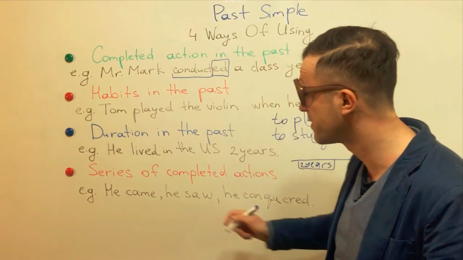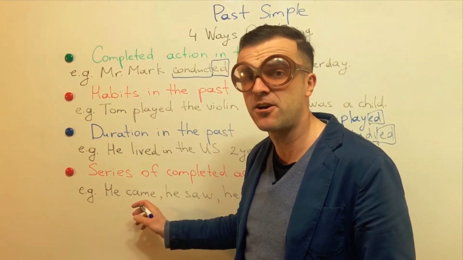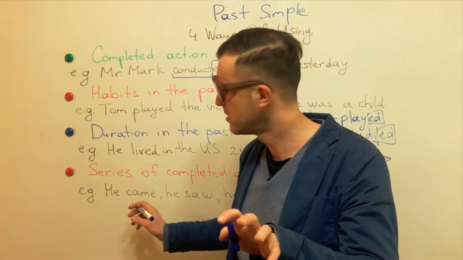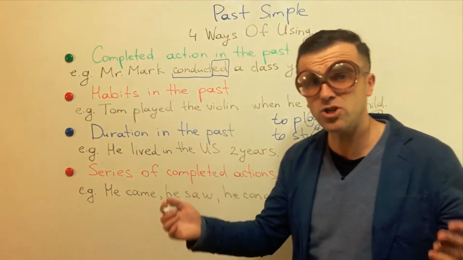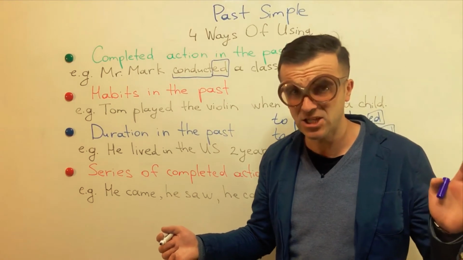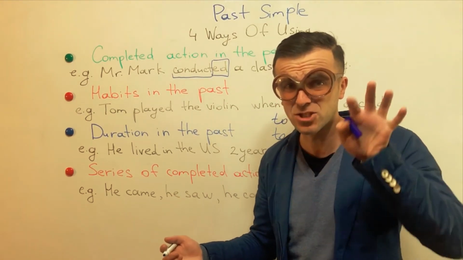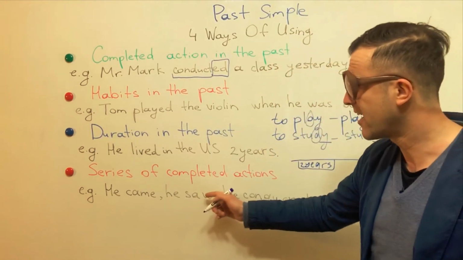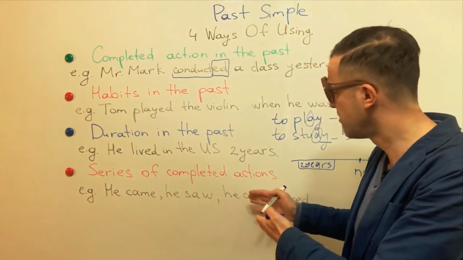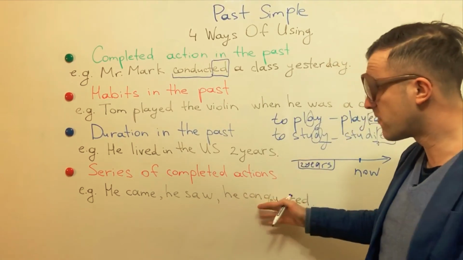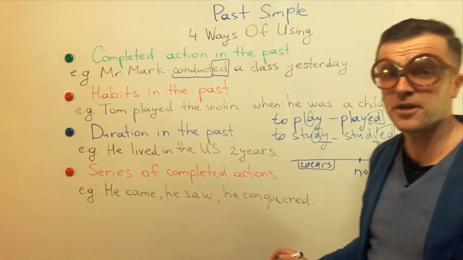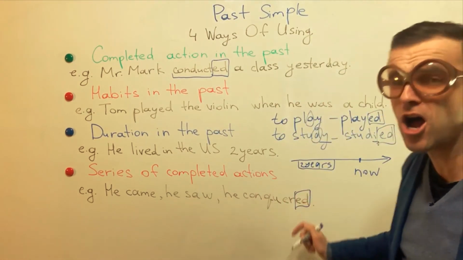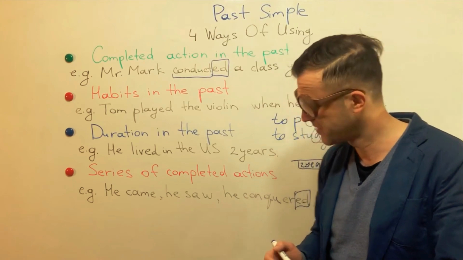Okay, came, this is an irregular verb. He came, so we take came. He saw, it's also an irregular verb. See, saw, seen, so we take the second form and we write saw. But the regular verb is conquer because we have -ed at the end. Okay, -ed, he conquered. All right.